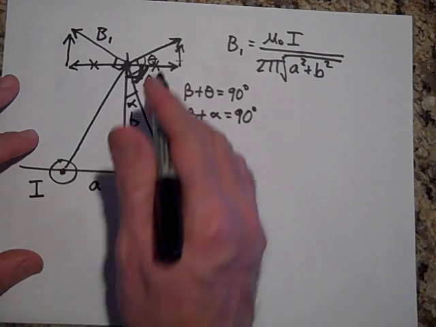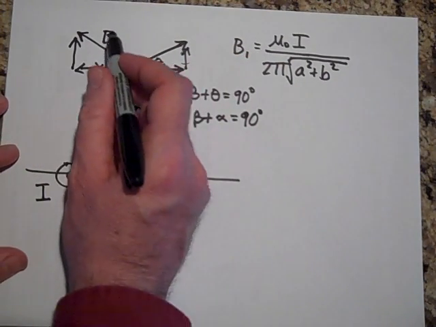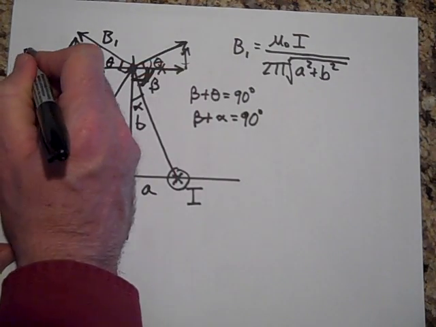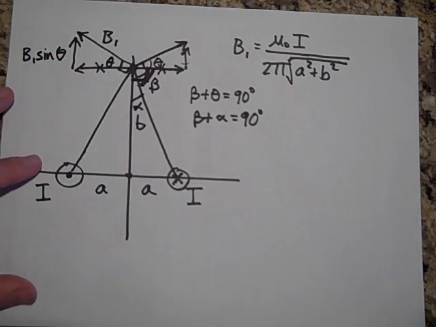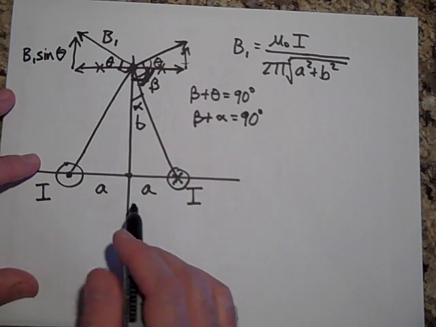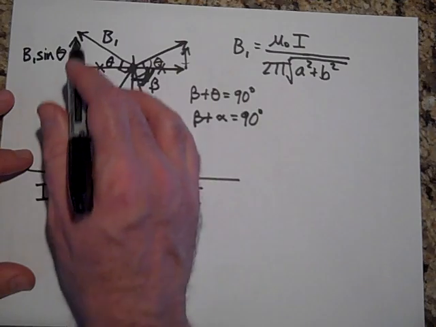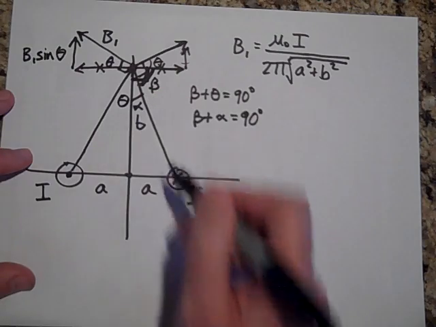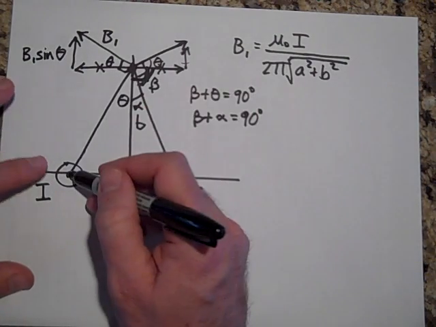And so this right here, or I'll use this one, that's going to be B1 times the sine of theta. If that's theta, this is going to be B1 times the sine of theta. Sine of theta is the opposite side over the hypotenuse. But this is also theta right here, apparently, and so that would be opposite A over the hypotenuse.